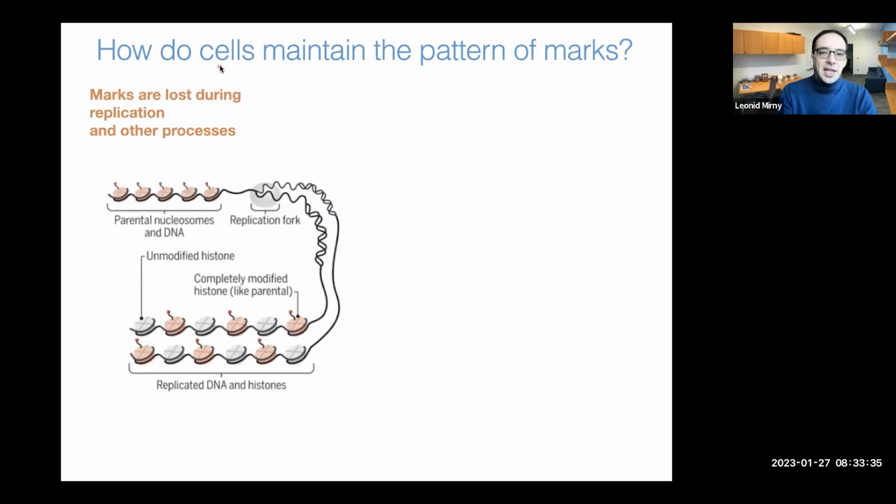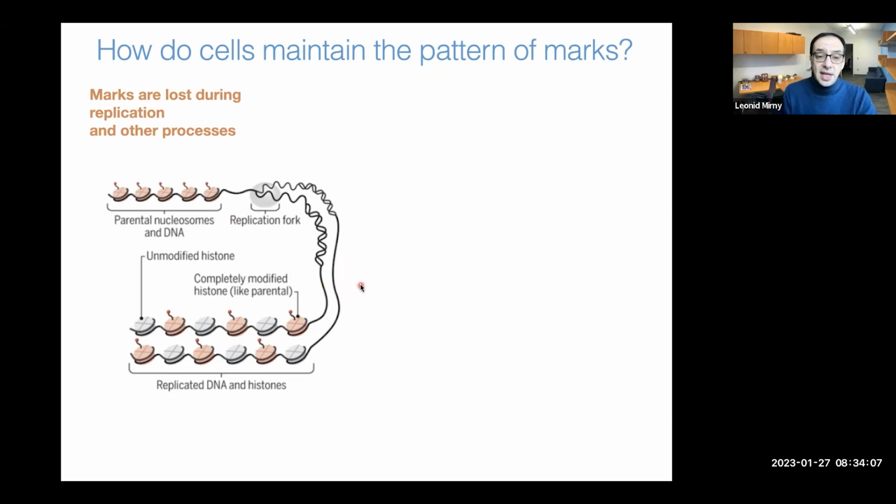If you step back and ask how patterns of epigenetic marks are generally maintained, there are textbook answers. The challenge to maintaining this pattern is replication. During replication, you necessarily dilute the marks at least twofold. That's under the condition of perfect retention of marked histones, and marked histones can also be lost, so in this case dilution can be more than twofold.